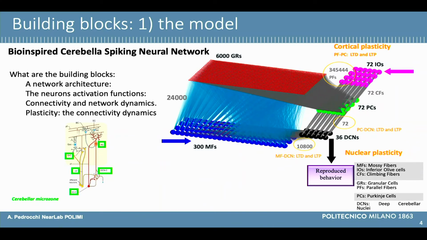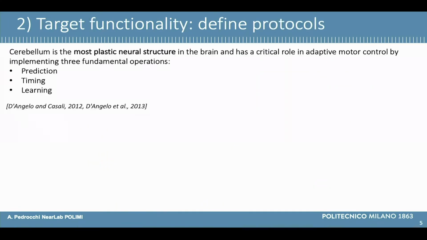So we start from the model, which has been inspired by cell recording, neurophysiological data, and information coming from experiments on single neuron populations and microcircuits. Then, the second very important building block is about protocols.